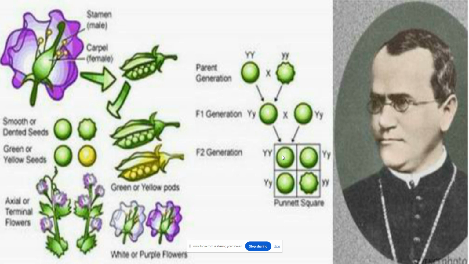All others that had a dominant P ended up being purple. If they had two dominant P's, they will end up being purple. The only time the plants will end up being white, even if they have a mix of recessive and dominant, is if both of them had recessive alleles.